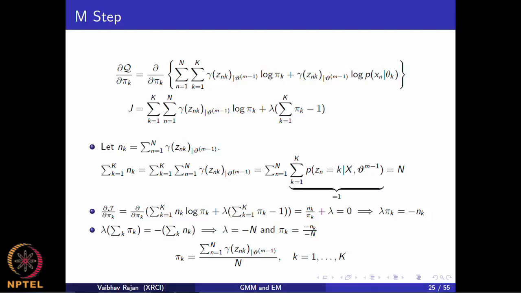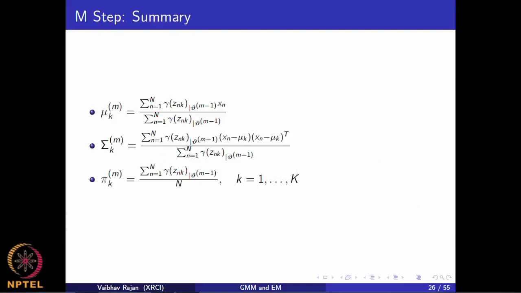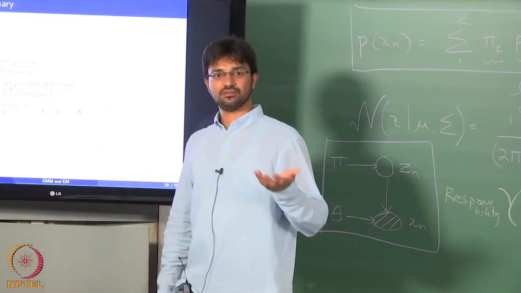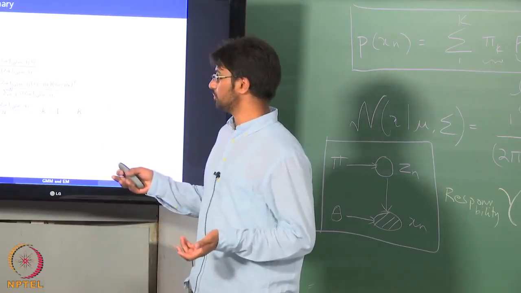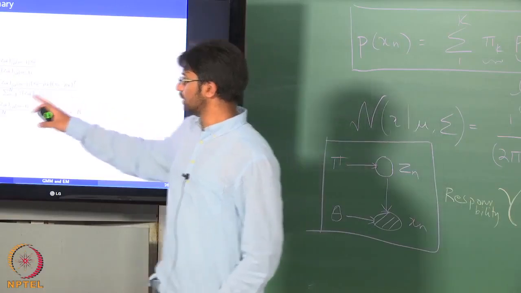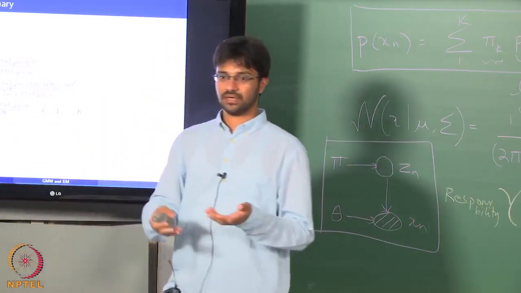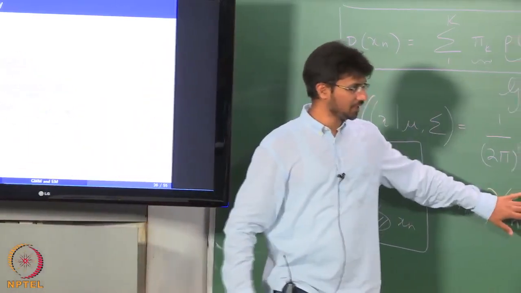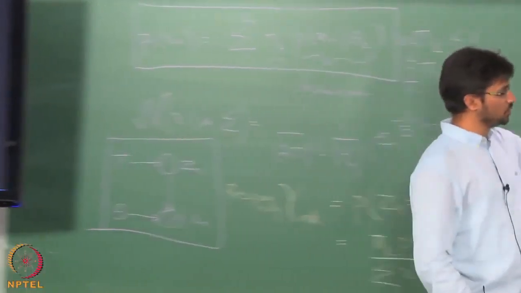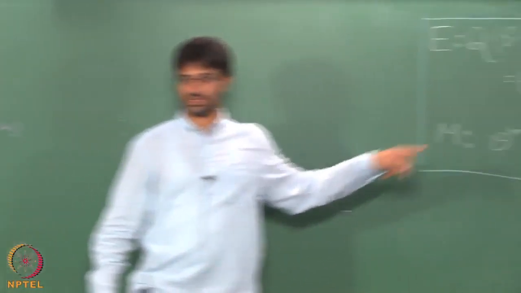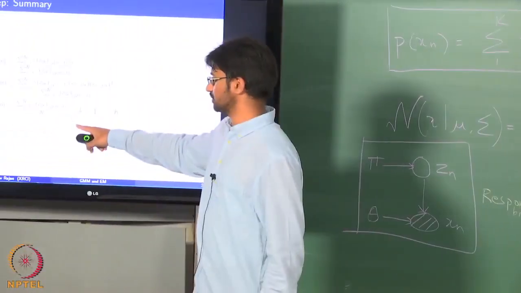This is quite straightforward, you can check it yourself, right. So what have we done? We first found these same formulas by assuming that we know the responsibility, and then we used the EM steps to find that these values are exactly the same as what we found earlier, right.